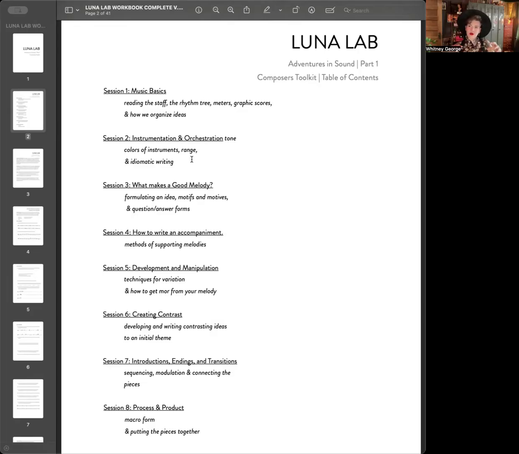And during session two, we tend to talk really specifically about the instruments that you write for the reading session. So if our reading session is for violin and piano, we talk a lot in session two about idiomatic writing for both violin and piano.